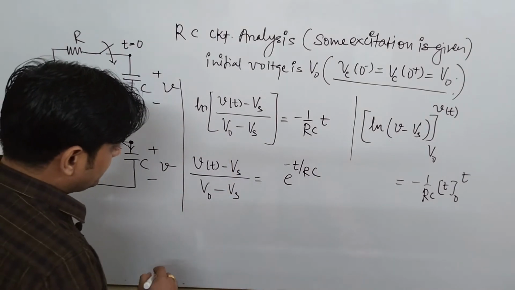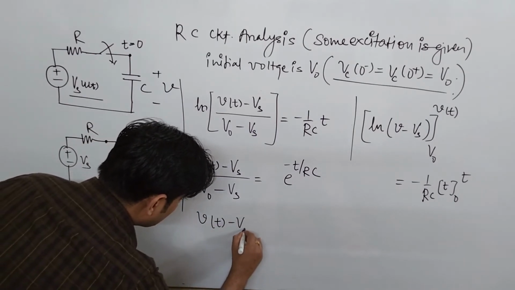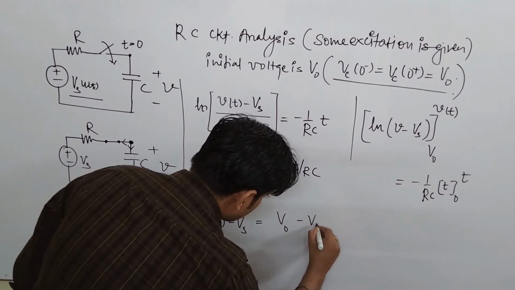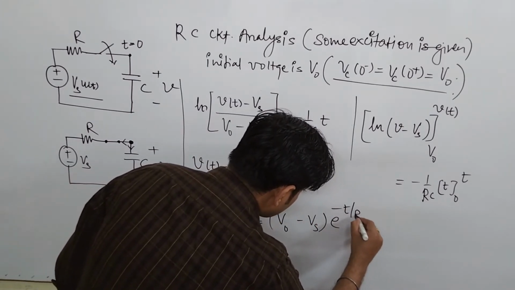I have just transferred it. So from here you can say that Vt minus Vs is equal to (V naught minus Vs) into e to the power minus t by Rc.